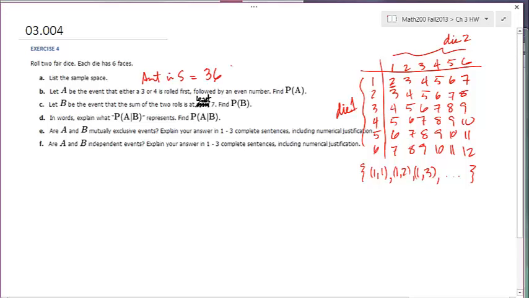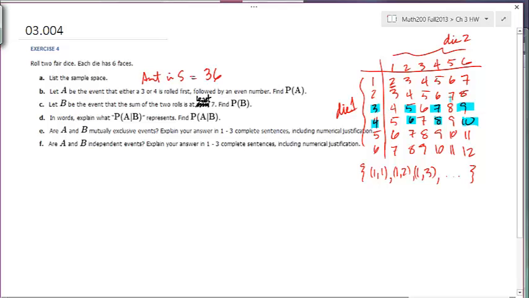Alright, let's take a look at event A, and I'm going to use a highlighter here to highlight some things in event A. Event A is either 3 or 4 rolled first, followed by an even number. So 3 or 4 rolled first, followed by an even number. The even numbers are 2, 4, and 6.